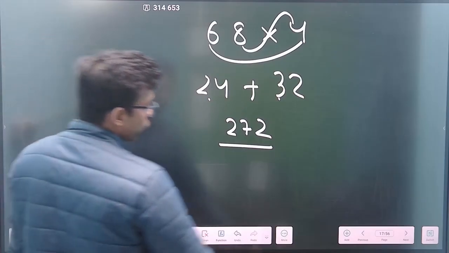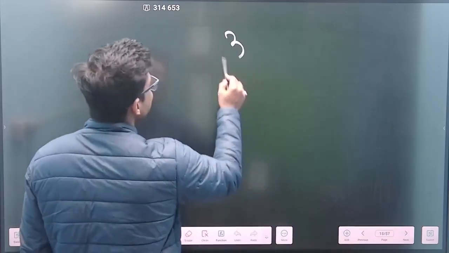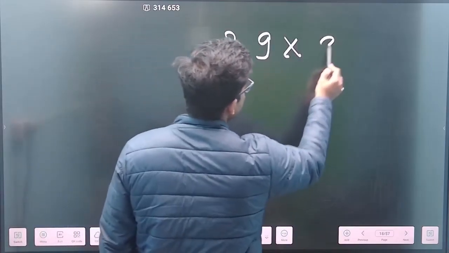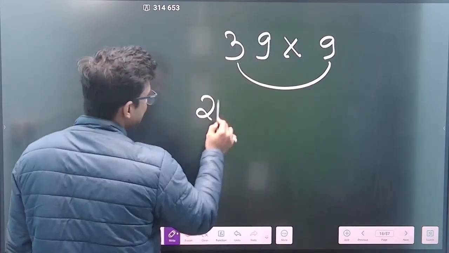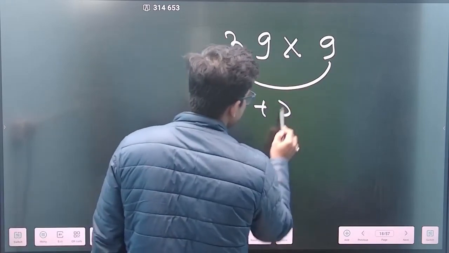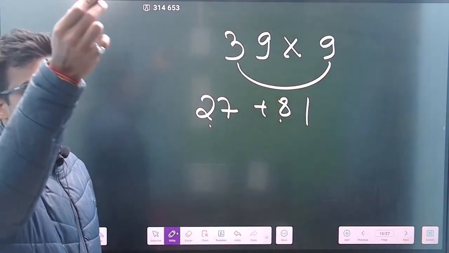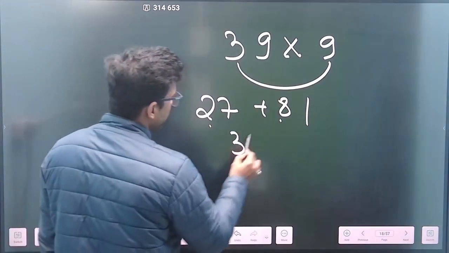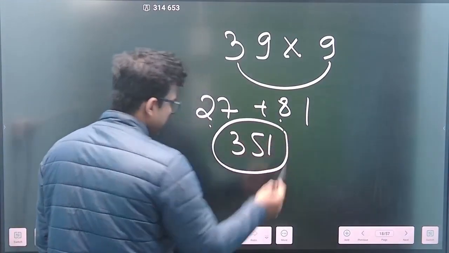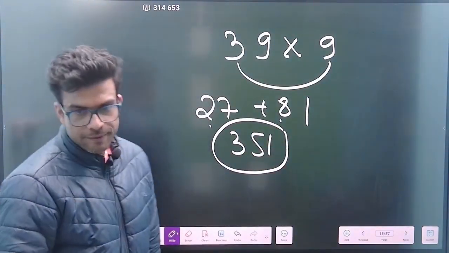Now let's take one more example. 39 into 9. 9 3s are 27. 9 9s are 81. 27 plus 8 is 35, so 351. This is how the calculation works.